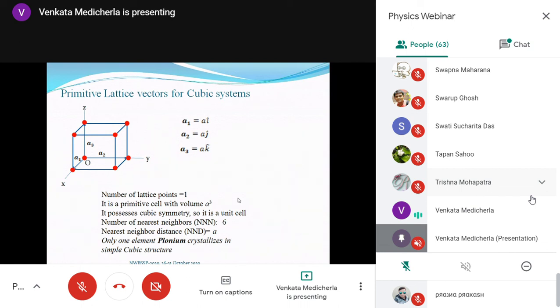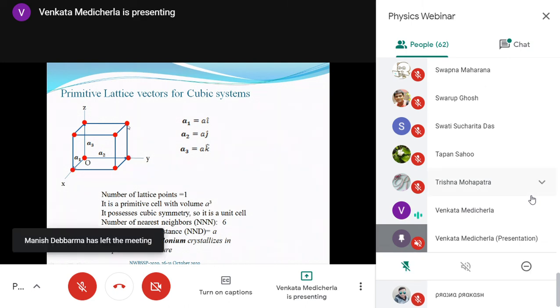Now, the number of nearest neighbors. How to find the number of nearest neighbors? If you take any corner point, there is one lattice point here at a distance A, another lattice point here. If you extend it down, there will be one lattice point down, one here, and one on the other side.